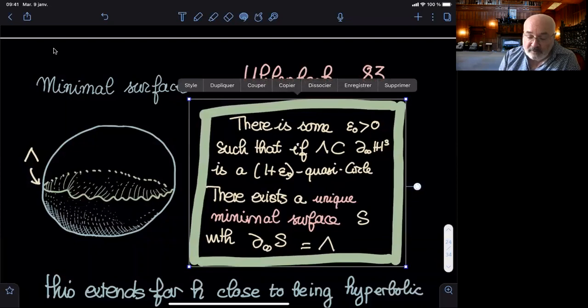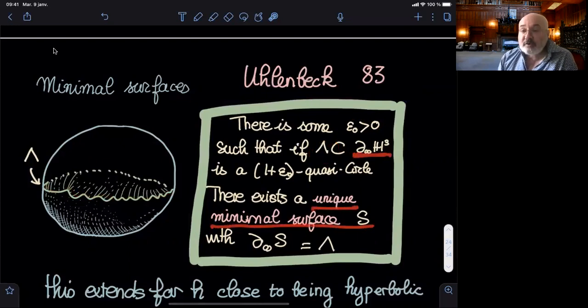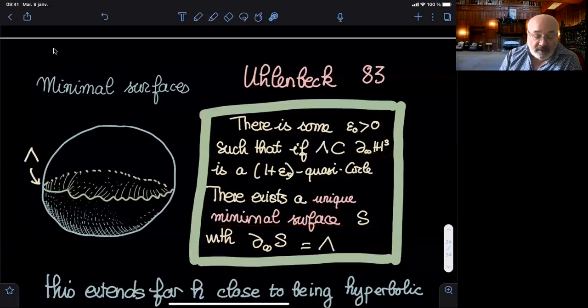Here's the result of Uhlenbeck. It tells you that there is some small epsilon zero, some positive constant, not zero, so that if you take any quasi-circle in the boundary at infinity, then you can find a unique minimal surface S which is bounded at infinity by this set lambda.